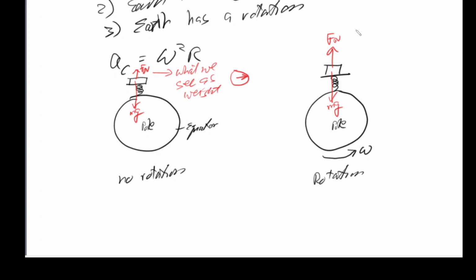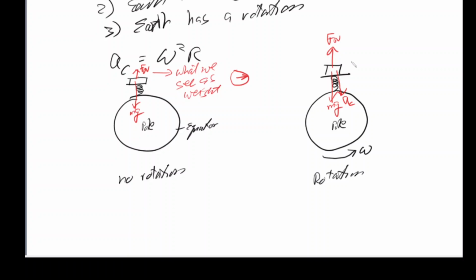But because of the rotation, we have a centripetal acceleration towards the center. Centripetal acceleration that pulls down on the scale, which reduces what it shows as a normal force.